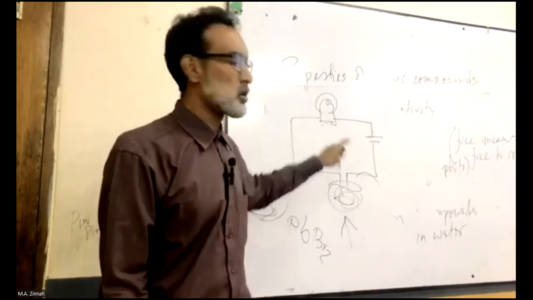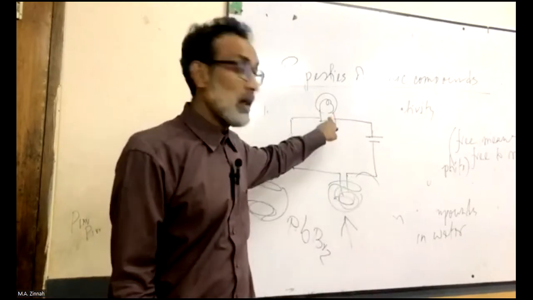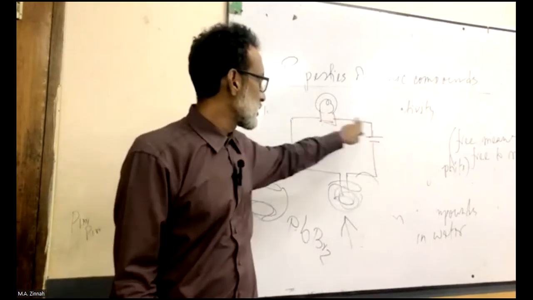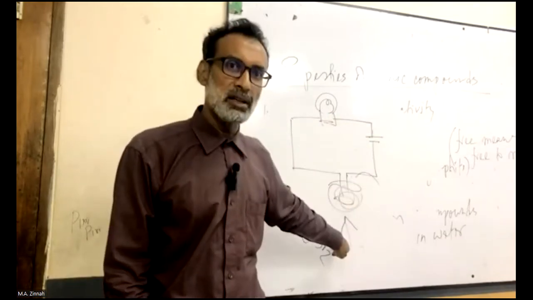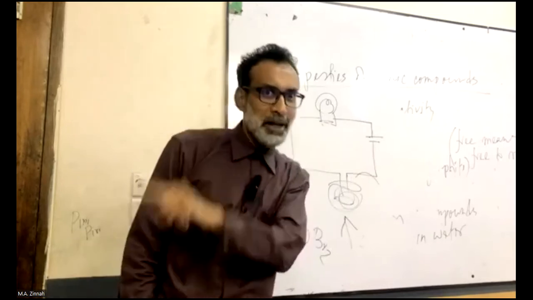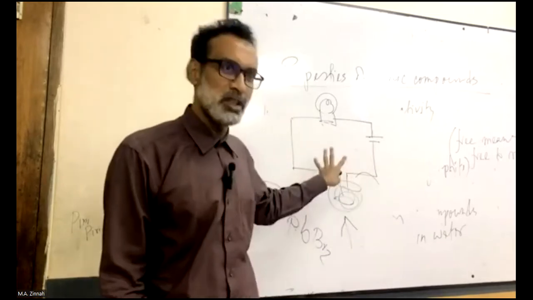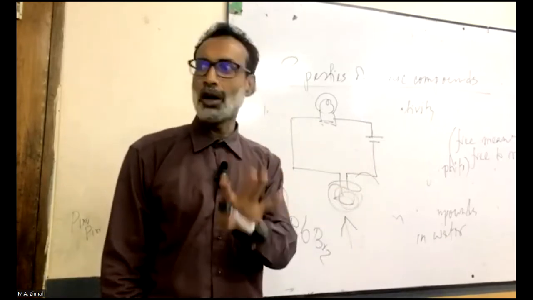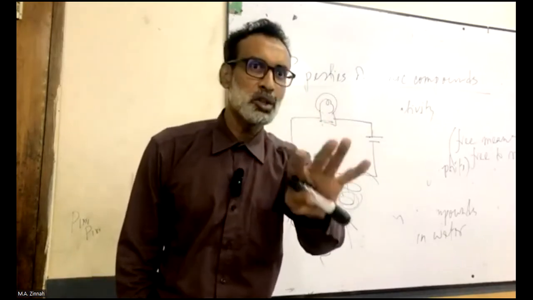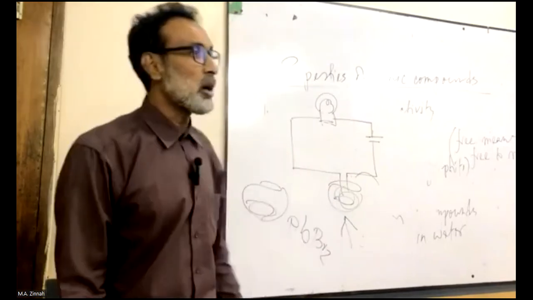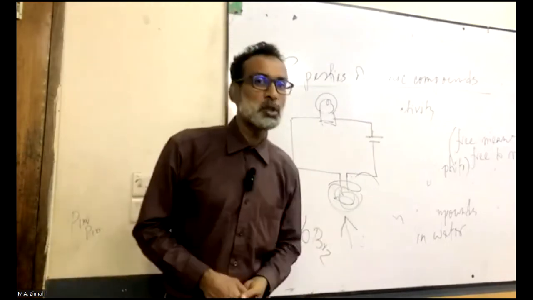One, you just draw this. Labelling must be there: light bulb, cell, and solid lead bromide, and you write there that the bulb will not light up. So this is enough. Not a good conductor.